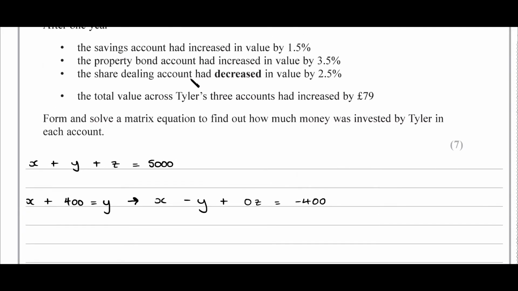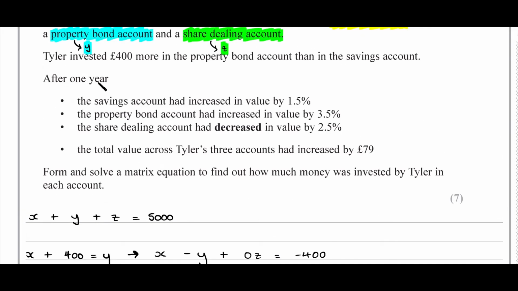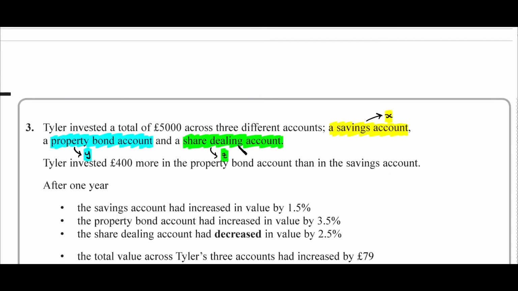And now using what we know after 1 year, if we consider all these percentages as multipliers, the total value across Tyler's 3 accounts had increased by £79. So therefore, if we include all these multipliers, we have a total of 5079.